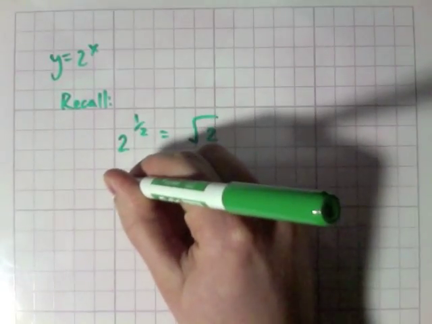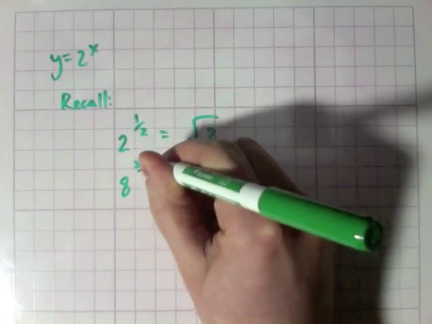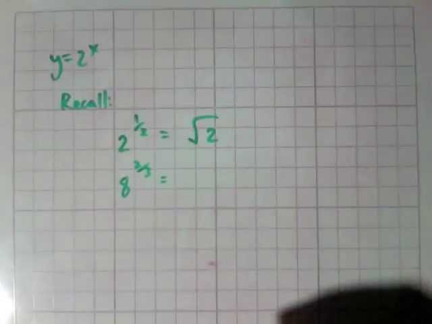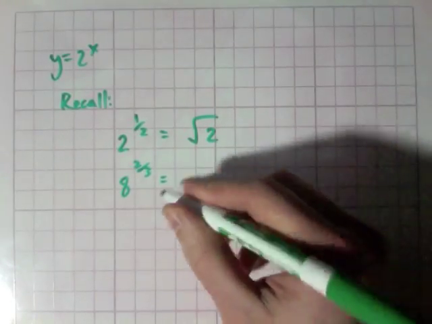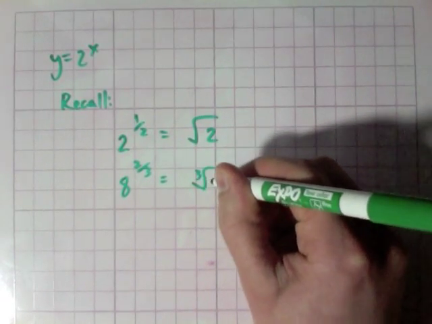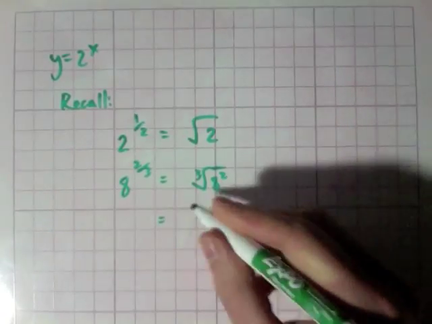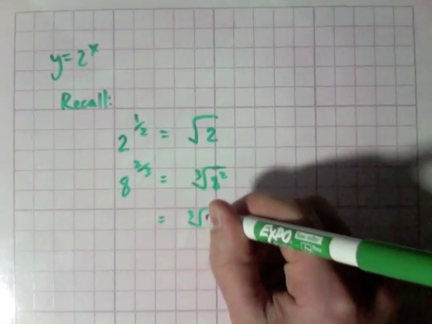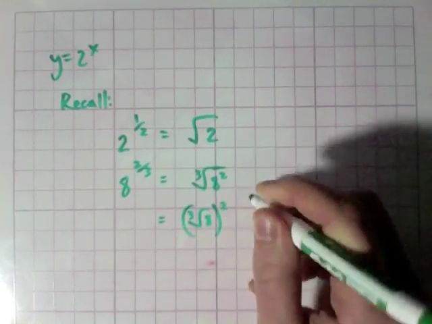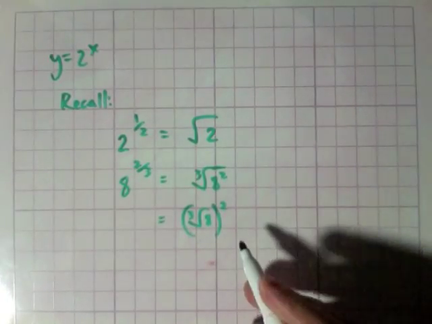Or if I have, say, 8 to the 2/3 power, we could actually write it two different ways. That would be the cube root of 8 squared. And actually a little bit easier way to write it is the cube root of 8, all squared. So I could square first, or I could cube root first, and either gives me the same result.